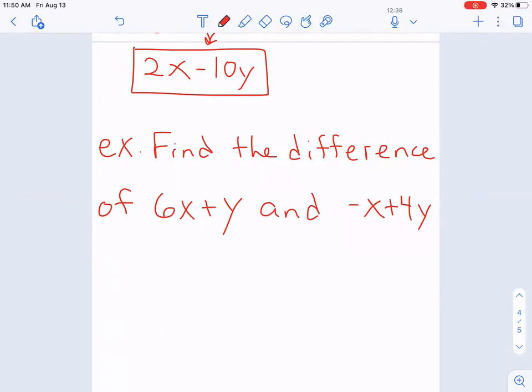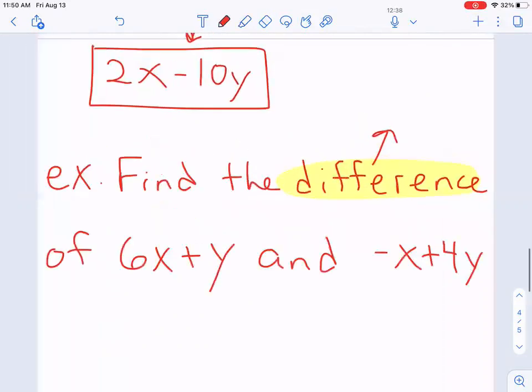All right, so here's why I think you should write out the step here. Because difference, that means subtraction, okay? So we are going to subtract.